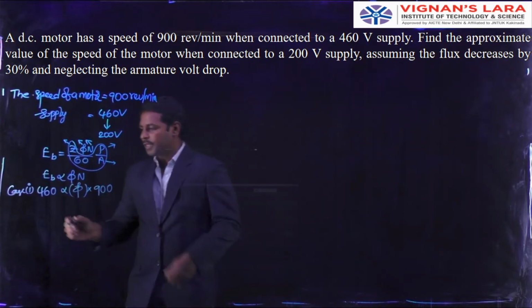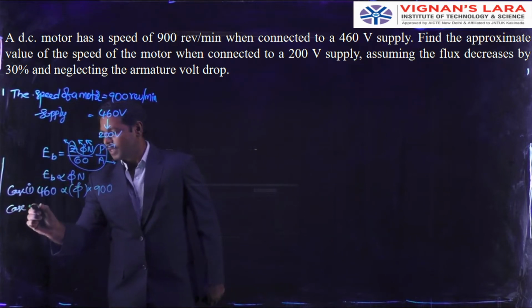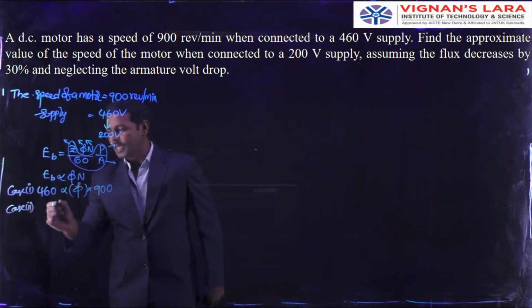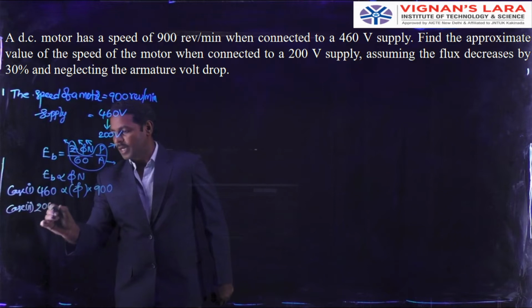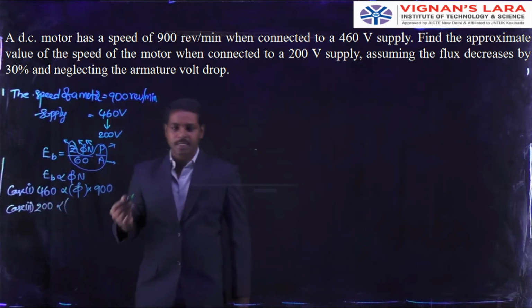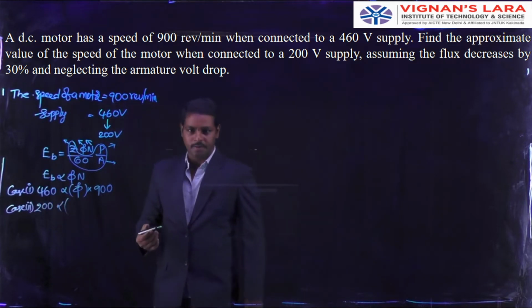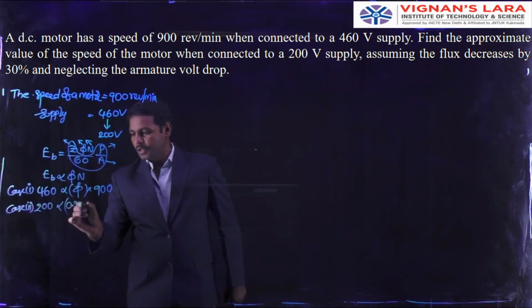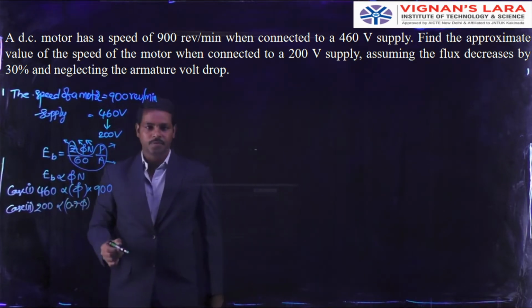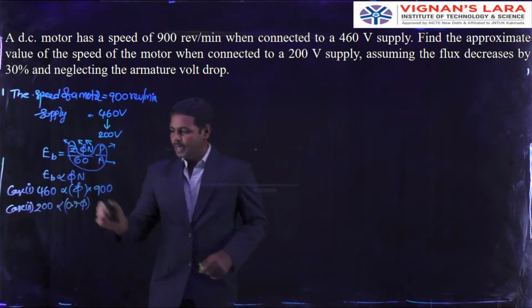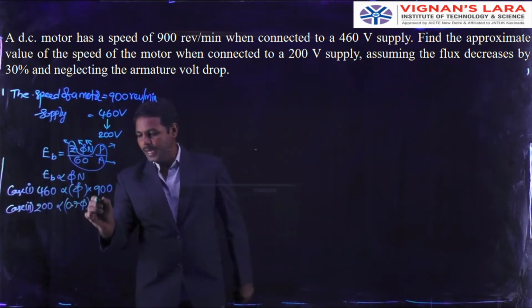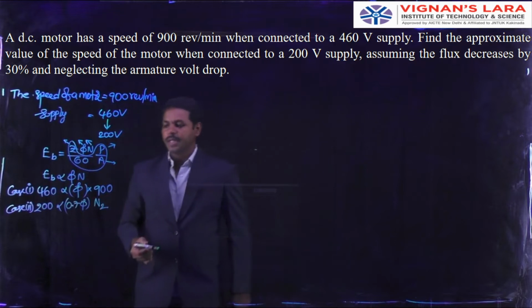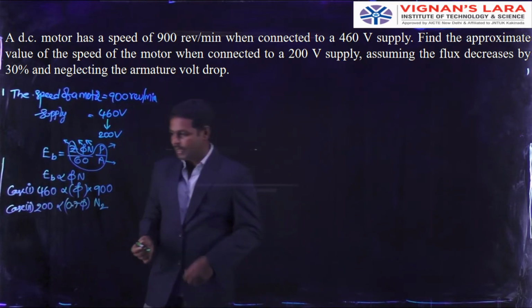Then we can go for case number 2. In case 2, the voltage is reduced to 200 volts. The corresponding flux is also reduced by 30%, which is equal to 0.7 phi. At that instant we can find the speed, which is denoted by N2.